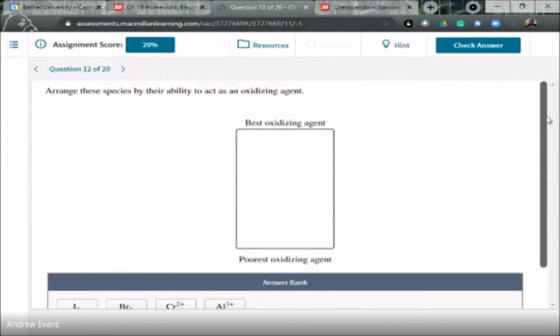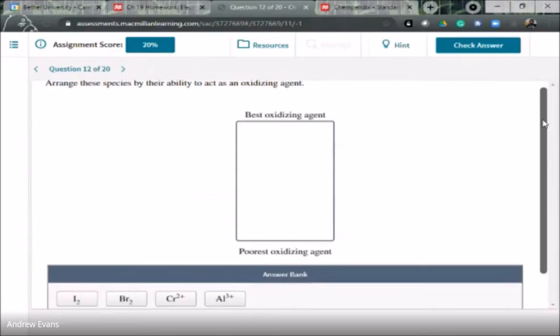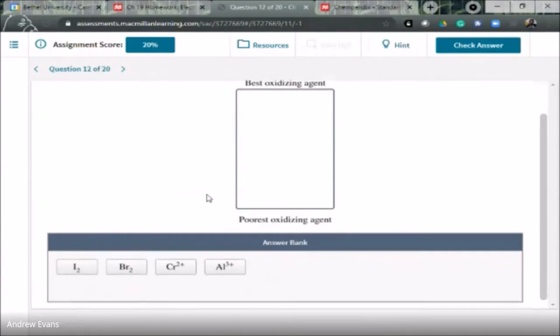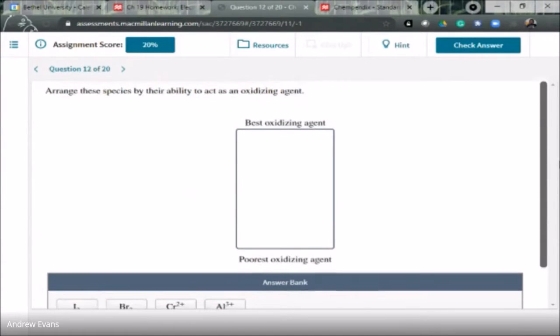Looking at that same chart, an oxidizing agent gets reduced. Which of these values are the highest on that table? Is it iodine, bromine, chromium 2+, aluminum 3+? You put them in order of highest to lowest, and that will give you your answer.